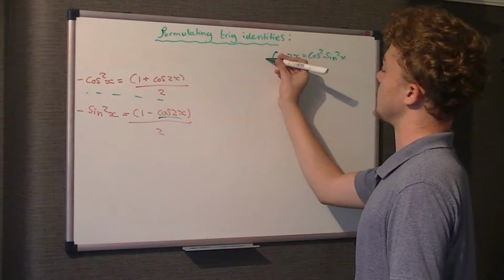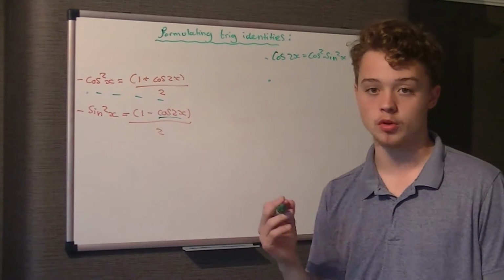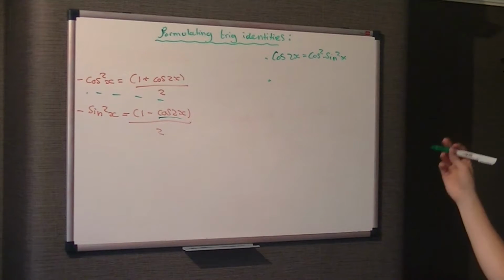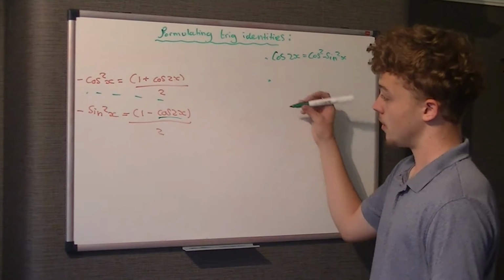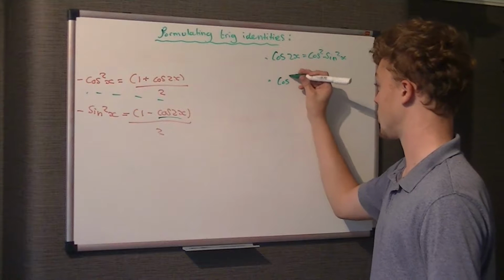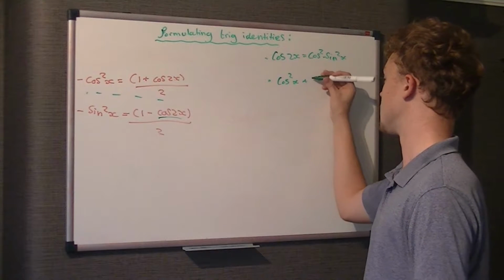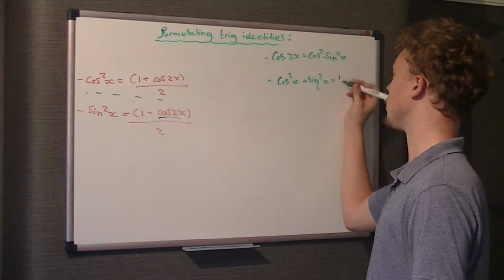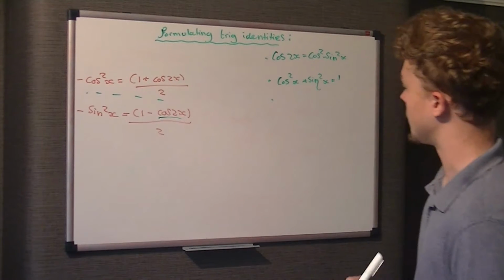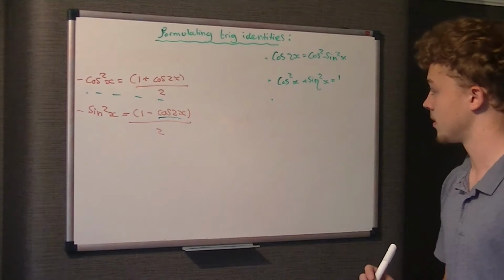Now I'm going to write the list of all the important formulae that we should already know, to be able to combine them to get these equations. You should know, obviously, your cos squared x plus your sin squared x is equal to 1.